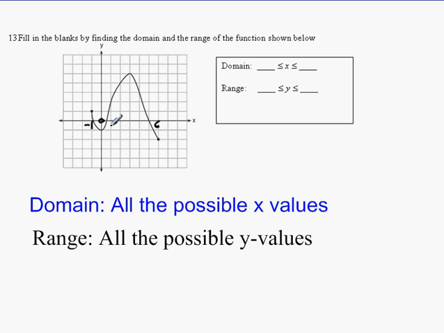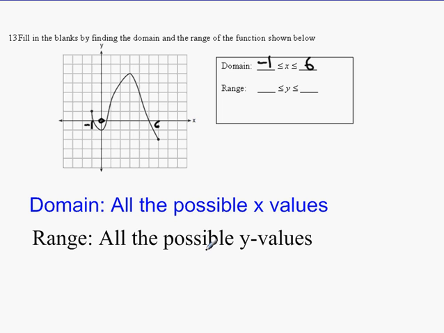So the domain could be anything from -1 up to 6. It could be anything in between.